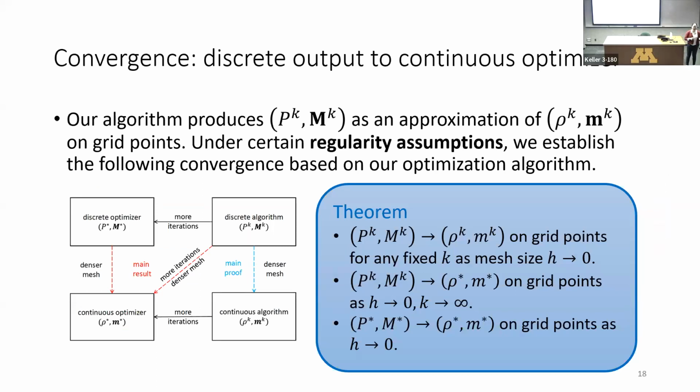And the even better thing is we can do some error analysis based on the mesh grid. In the paper, we actually prove that when your mesh size goes to 0, for each iteration, the discrete output converges to the continuous output on the mesh grid, and eventually the discrete output of the algorithm converges to the continuous optimizer on the mesh grid.